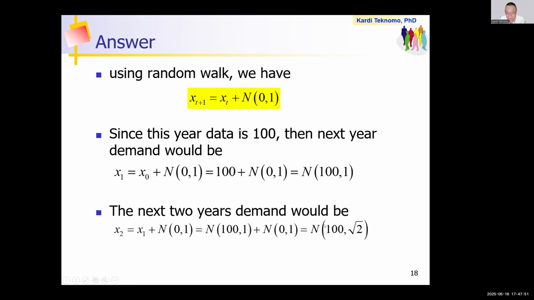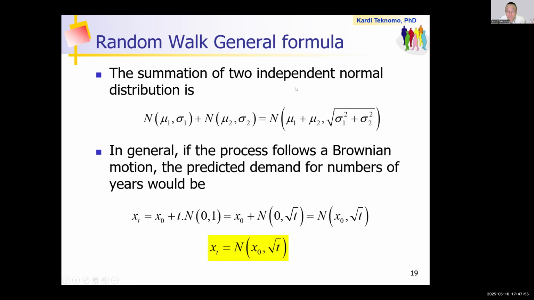So in general, assuming they are independent normal distributions, you will get this formula. xt will be the normal distribution based on x0, which is the first one, say 100 a while ago, and the standard deviation is square root of t.